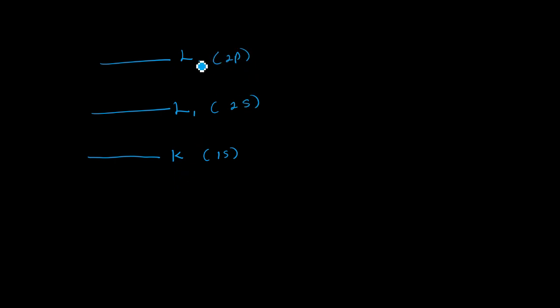K is the 1s level, then there are L1, L2, L3, and M1, M2, M3, M4 and M5. L1 means 2s, L2 means the 2p level.